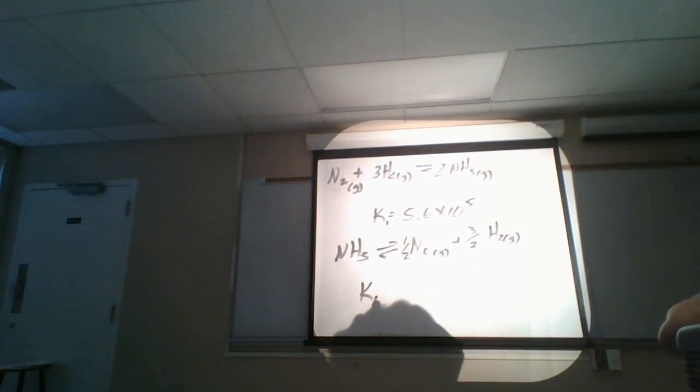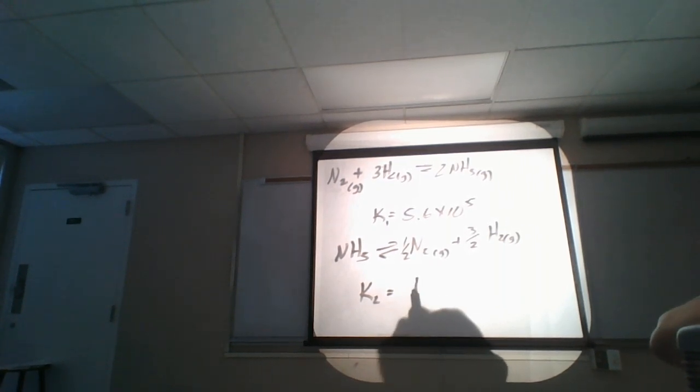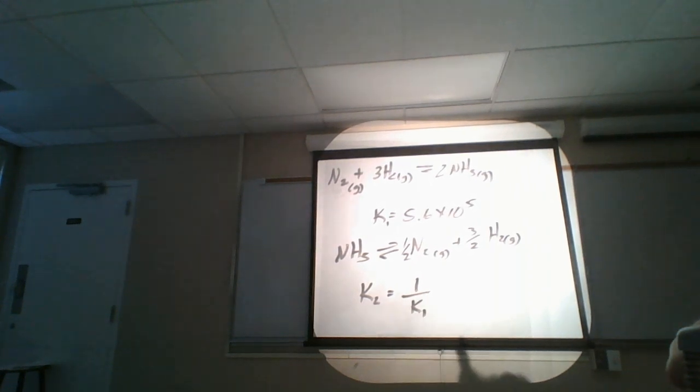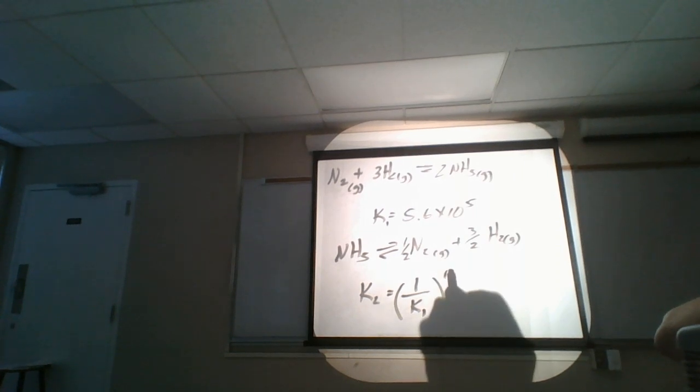Call this one K2. Well, since we flipped the reaction around, I know it's going to be 1 over K1, and I halved everything, so I'm going to raise it to the 1/2 power.